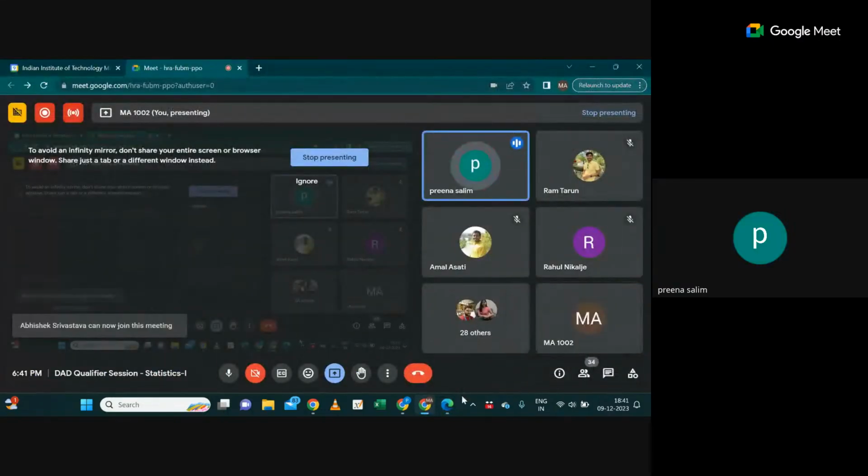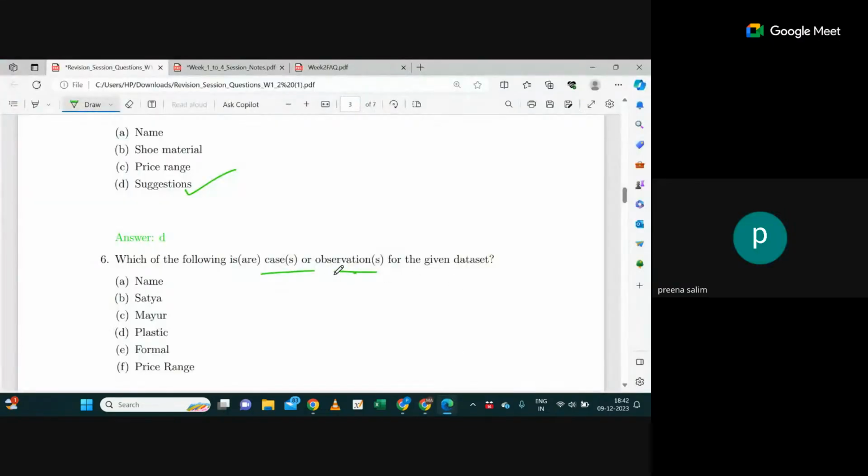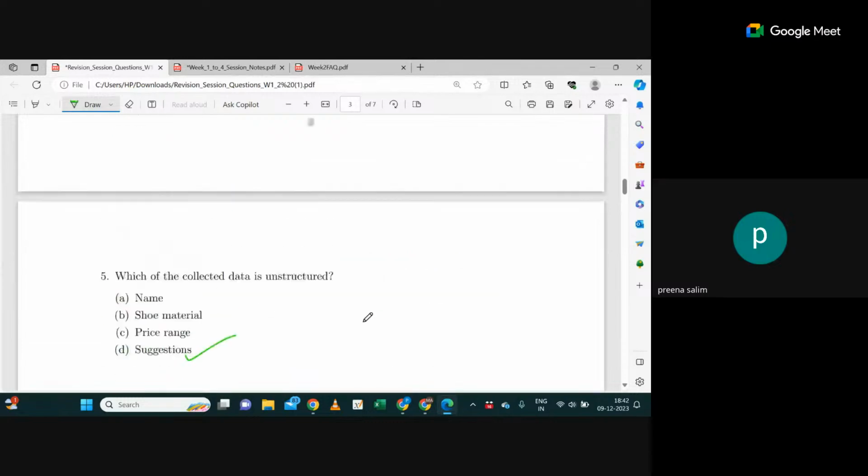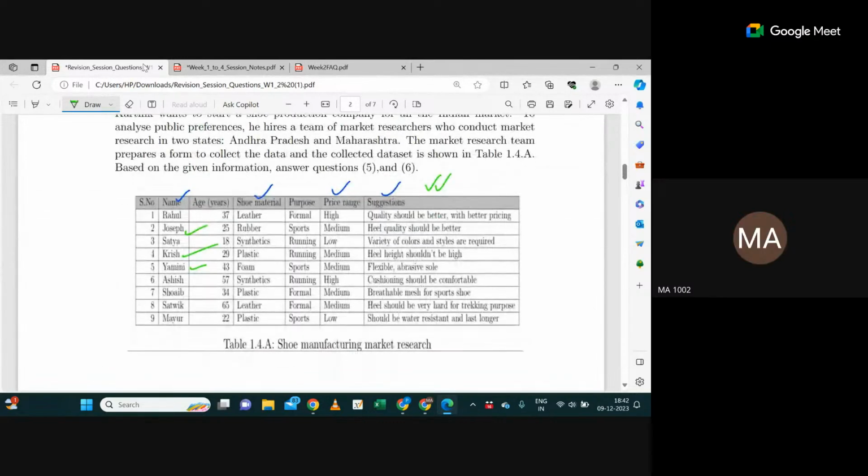The case is like the heading, like name and price range. Name and price range. Okay. You are saying the observation is the value, like Satya, Mayur. Okay. Anybody else? Name and price range, you are saying it's a case or observation.